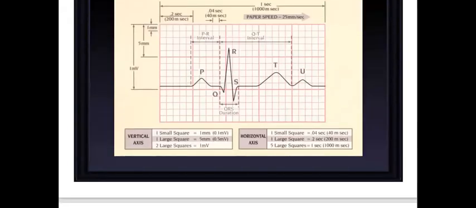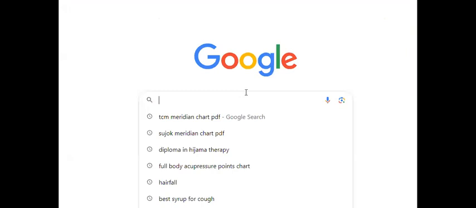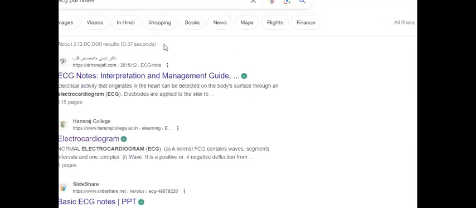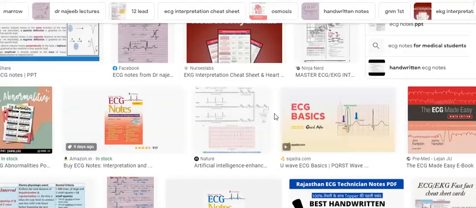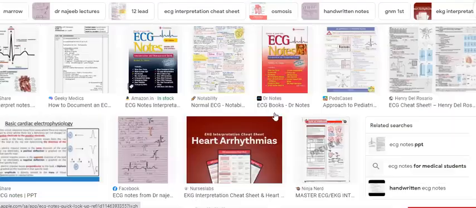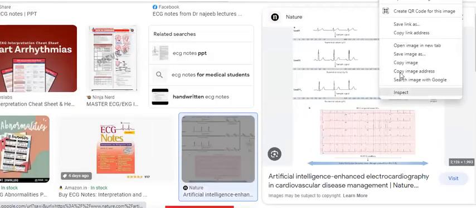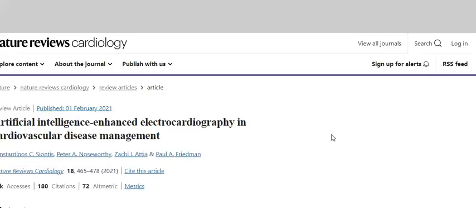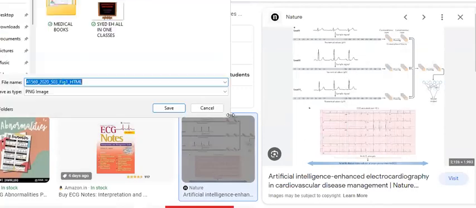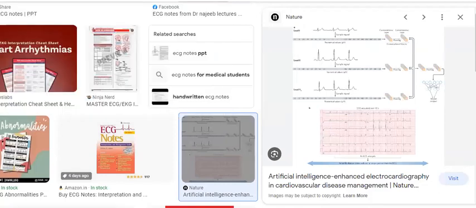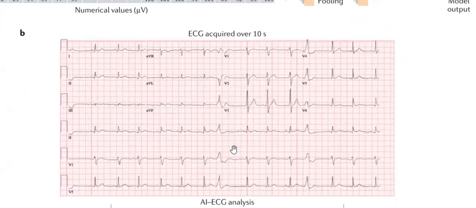We will also see it in the ECG. This is the complete ECG paper.